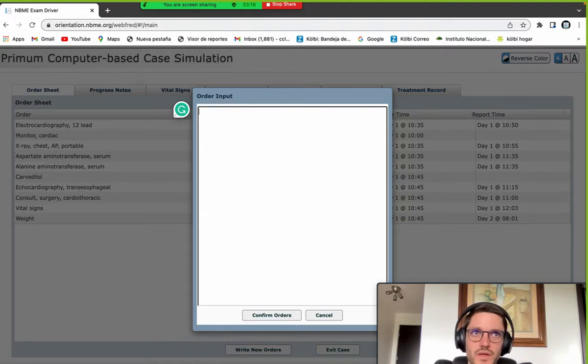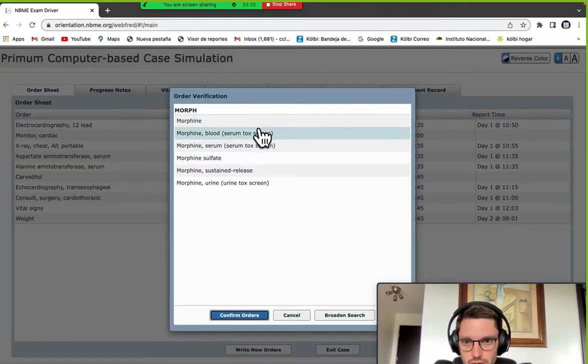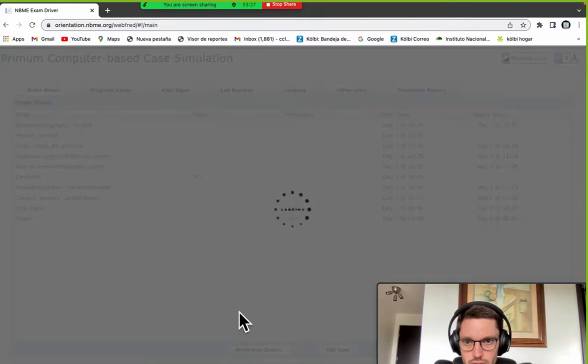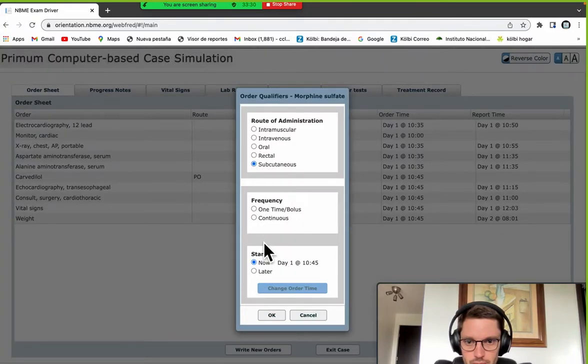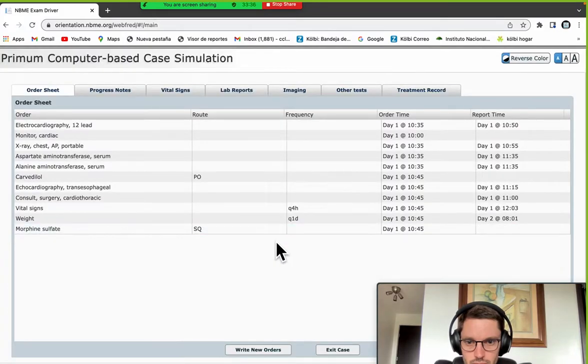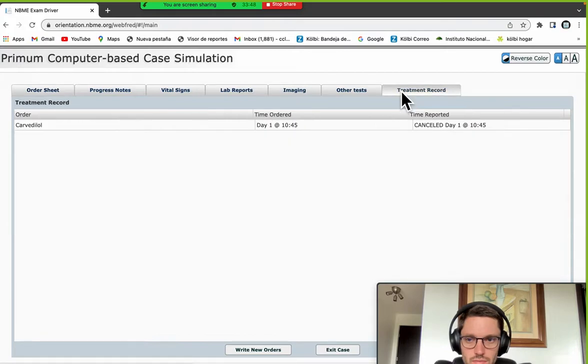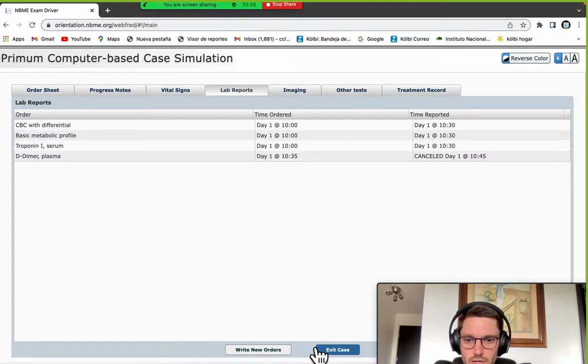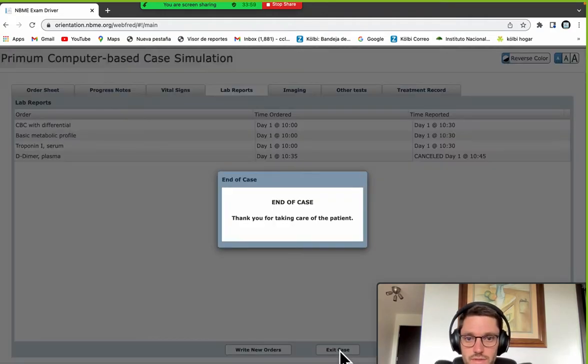Not an NSAID, acetaminophen. She has a lot of pain. That's very severe. What else? That's it. Exit case because we can't do anything else.